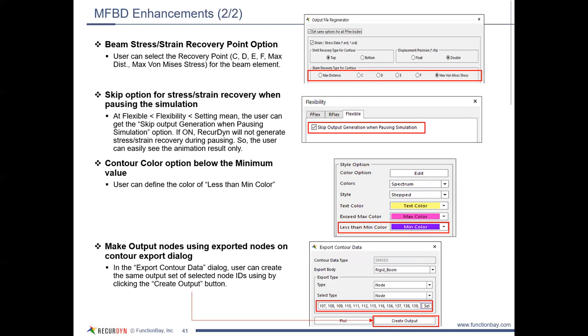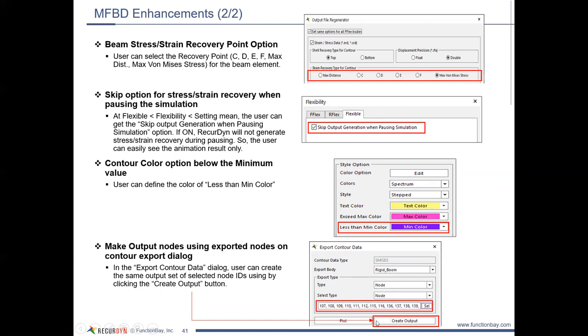Okay, next one is that when you're exporting nodes, you're using these exported nodes on this contour export. When you have those nodes, you have a button here where you can say, I want all of the nodes that are part of this contour export to be nodes that have output saved for them.